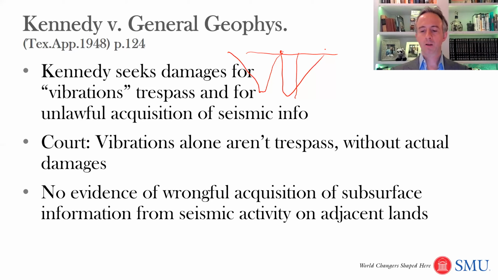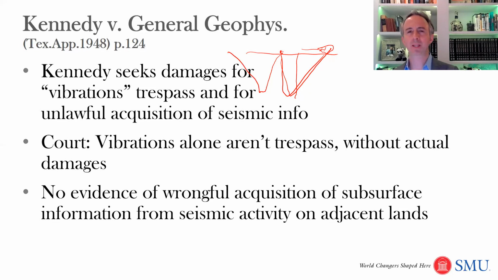Okay, so these sound waves are bouncing onto Kennedy's property, but they're not putting out detectors on the Kennedy's property to get that information back. So there's no information coming back from the Kennedys to the seismic engineer, and so therefore, the court says they haven't wrongfully taken any information on the oil and gas in your land.